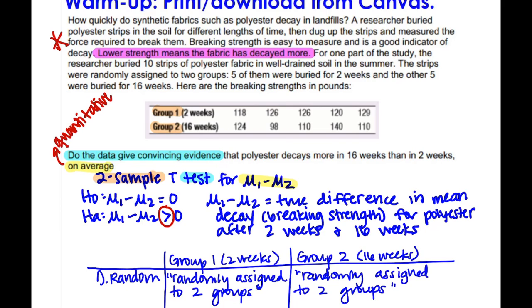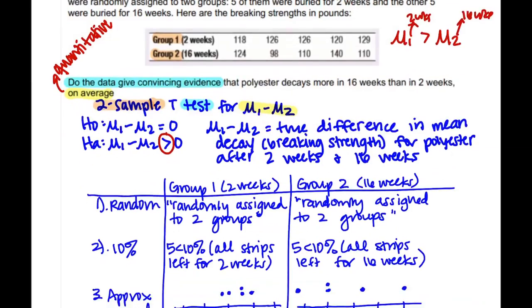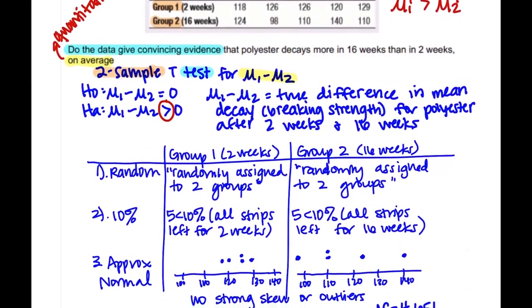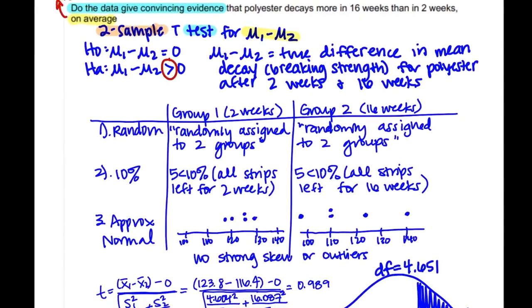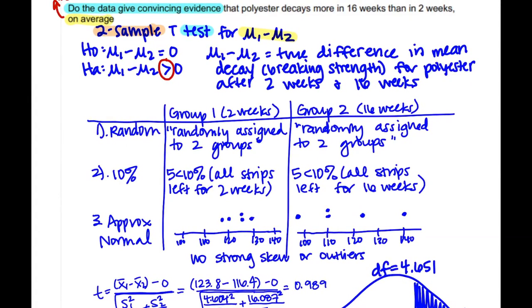So I would imagine that mu1 is greater than mu2, or you can replace this with 2 weeks and 16 weeks so you don't get confused. And we think that lower score means more decay, so we think mu2 is less than mu1. So that's just how I do it to figure out the inequality. Sometimes I get it wrong and I notice that it doesn't make sense at the end and I can fix it easily.